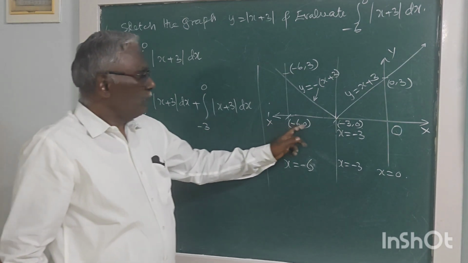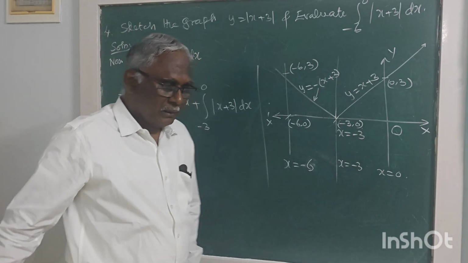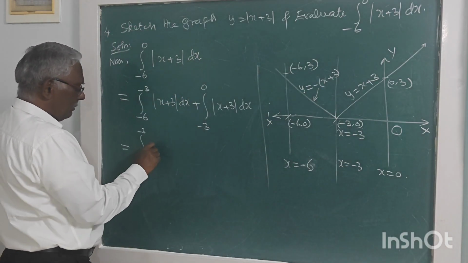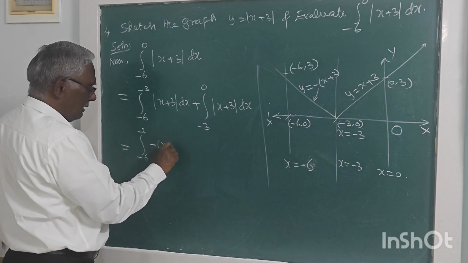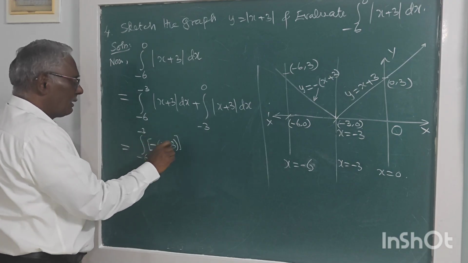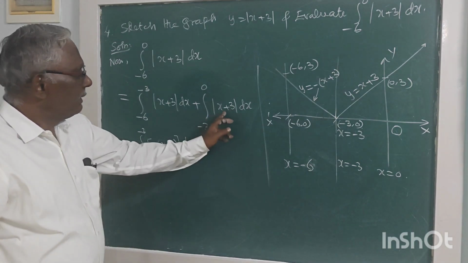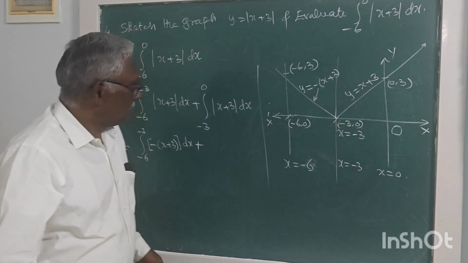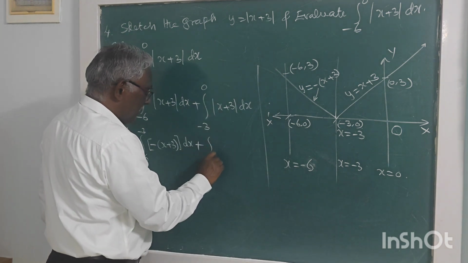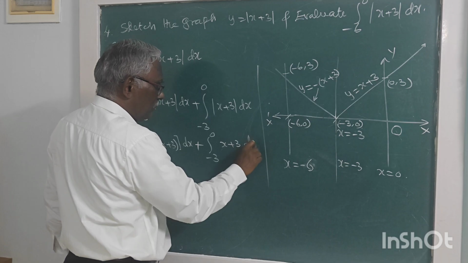In minus 6 to minus 3, the equation of this line is y is minus of x plus 3, so here minus of x plus 3, we have to put a bracket, dx, plus here we can just remove the modulus, minus 3 to 0 x plus 3 dx.